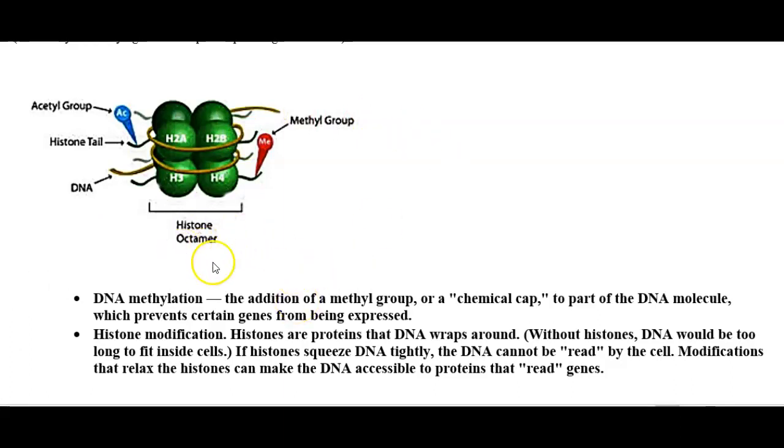Histone modification, here's the histone octamer. Again, histones are those proteins that DNA wraps around. So we need to get it to relax to make the DNA accessible so that it can be read by the messenger RNA in transcription.